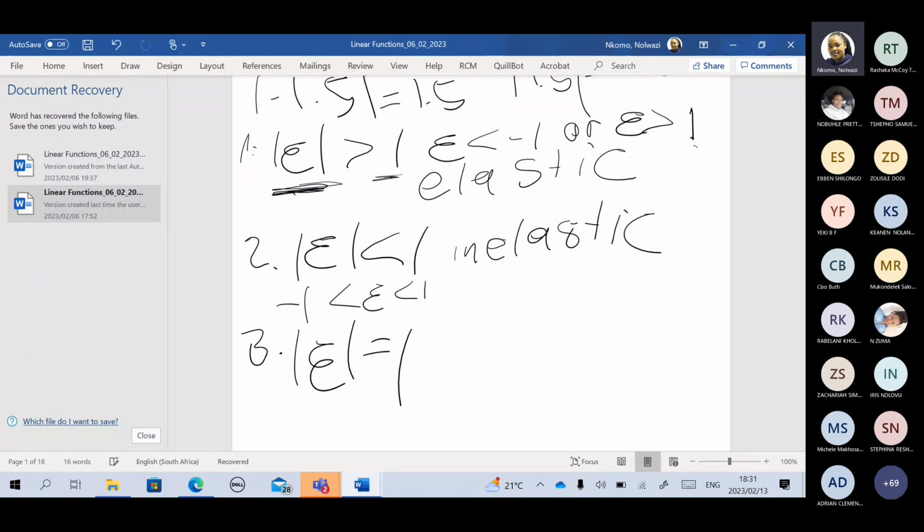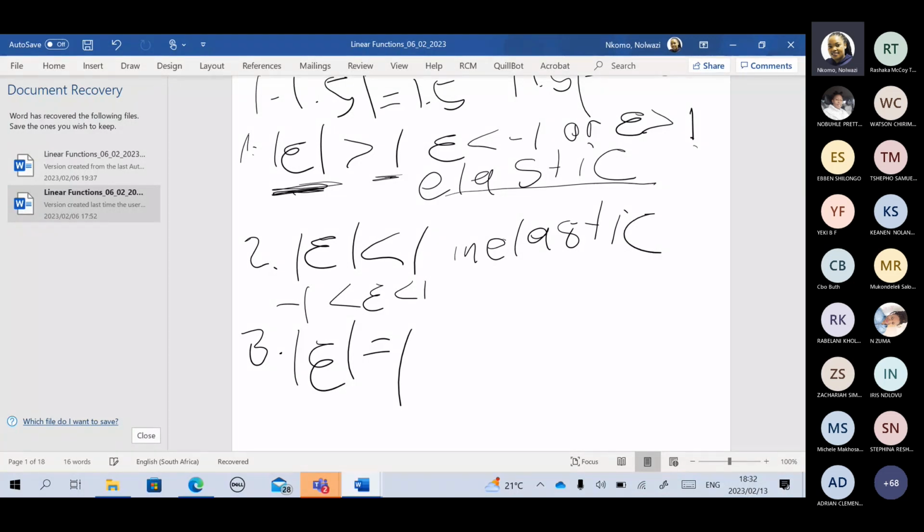Okay, another thing, if the demand or supply is elastic, this means the percentage change in demand or supply is greater than the percentage change in price. And if the elasticity of demand or supply is inelastic, this means the percentage change in demand or supply is less than the percentage change in price.